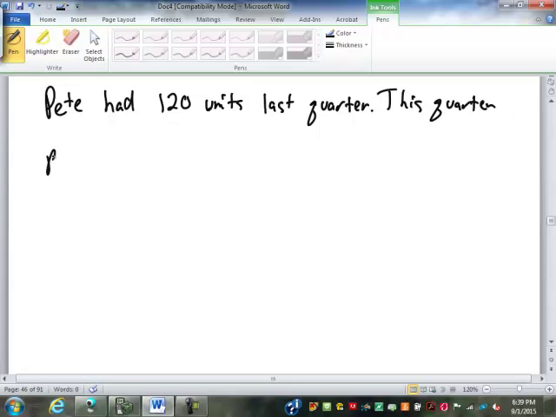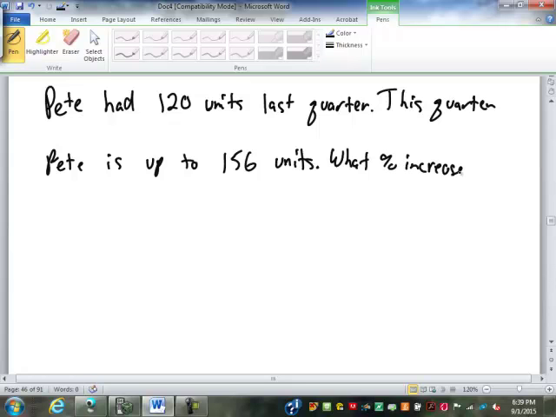This quarter, Pete is up to 156 units. What is the percent increase? Well, if we look at this, we have the 120 and the 156. If we try to just set it up as a simple percent proportion, it's not going to work really well.